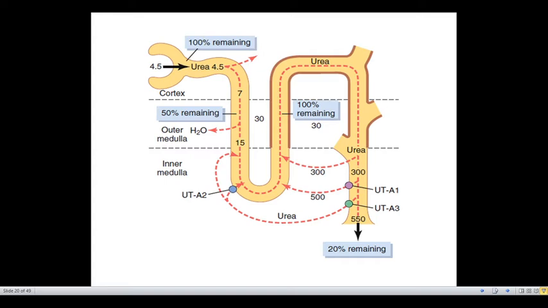Urea transporters UTA1 and UTA3 facilitate diffusion of urea out of the medullary collecting ducts, while urea transporter A2 facilitates urea diffusion into the thin descending loop of Henle.